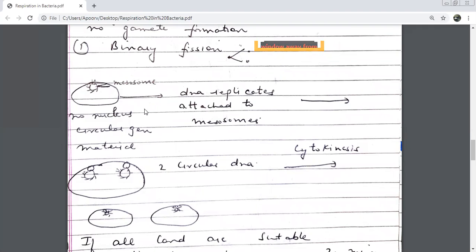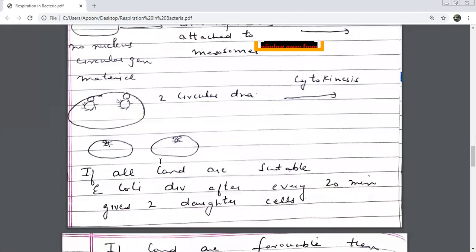But here we do not have a proper nucleus. So this circular DNA is attached to the mesosomes. Attached there, it starts to replicate, meaning two copies are made. After it replicates, how many circular DNAs do we have? Two. Genetic material is replicated, cytokinesis takes place, and you get two daughter cells.